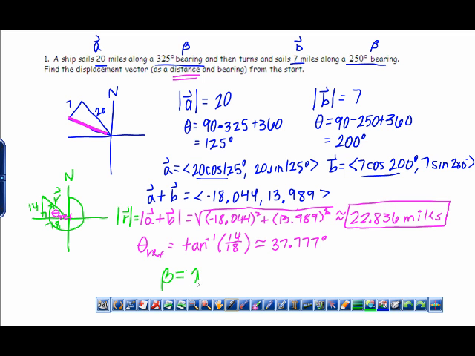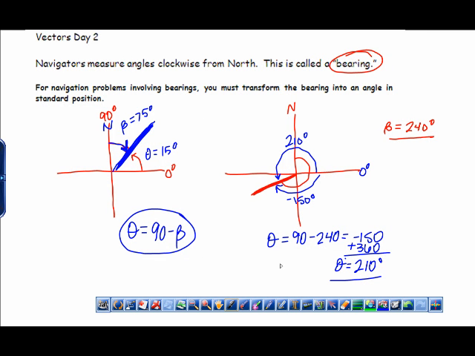This is not what you're going to do every single time at the end of a bearing problem. It's what I'm doing right now because of the quadrant that I'm in. At the beginning of these problems, you can take the formula that we learned before. You can take this formula and then add 360 if you need to, and going from bearings to thetas, not bad at all.